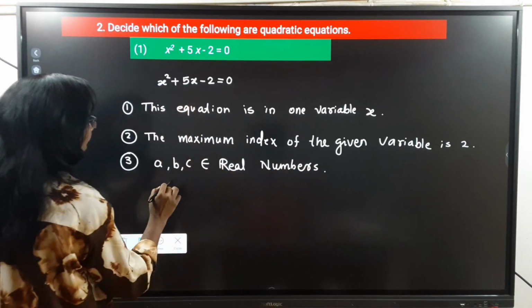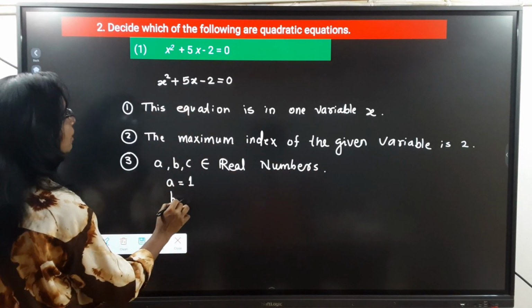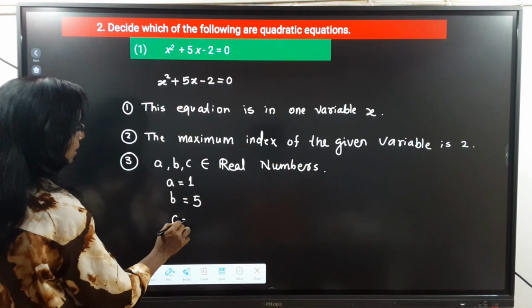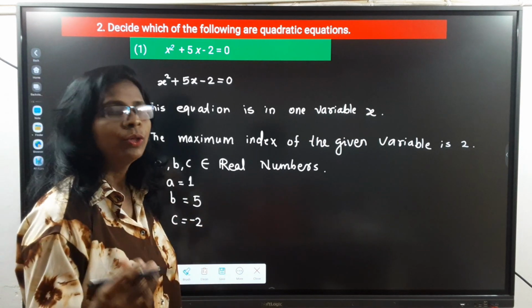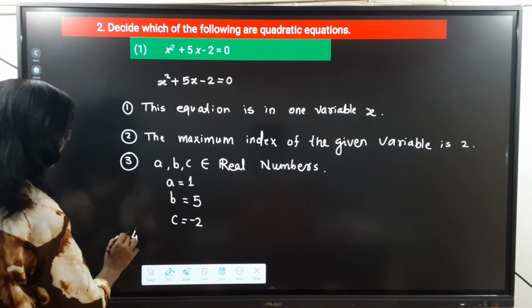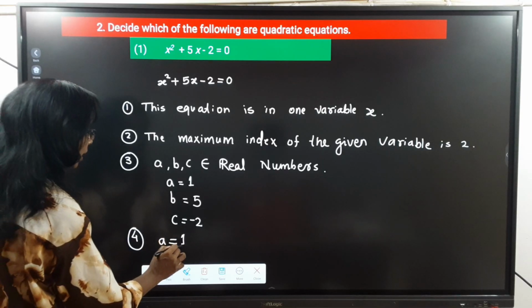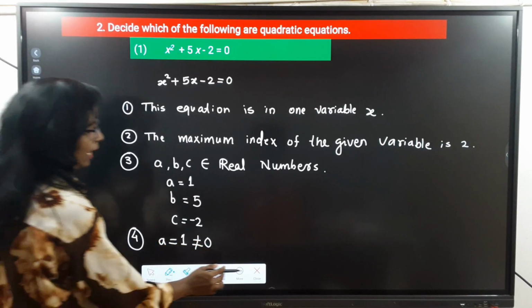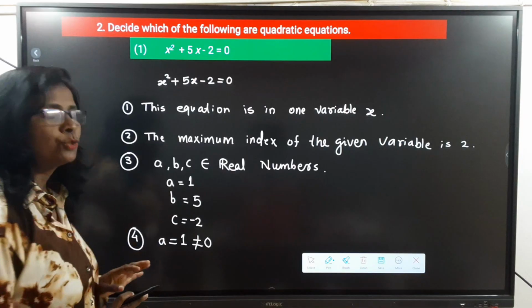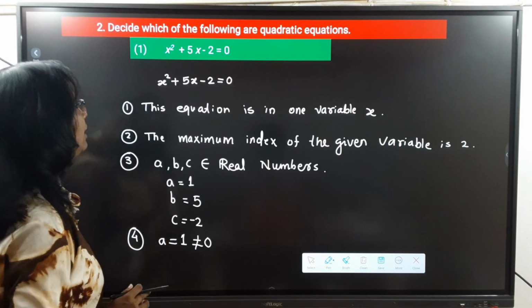Because here a is equal to 1, b is equal to 5, and c is equal to minus 2, so they belong to real numbers. Then the fourth condition is that a is equal to 1, which is not equal to 0. And such conditions, these four conditions are fulfilled by this given equation.